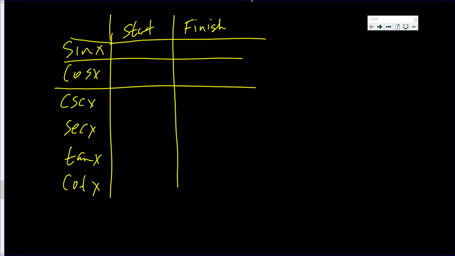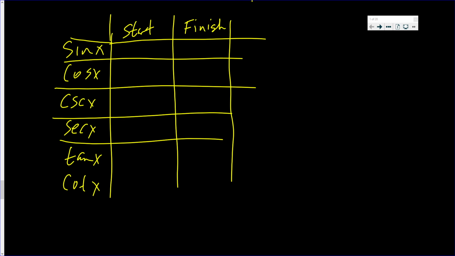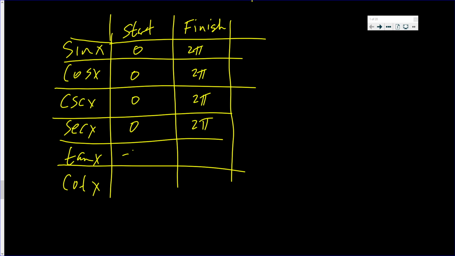Now, the good thing is, for the first 4, the answers are the same. They start at 0 and they finish at 2 pi. Now, when it comes to cotangent, it starts at negative pi over 2 and it finishes at pi over 2. Unfortunately, cotangent is not the same as tangent.